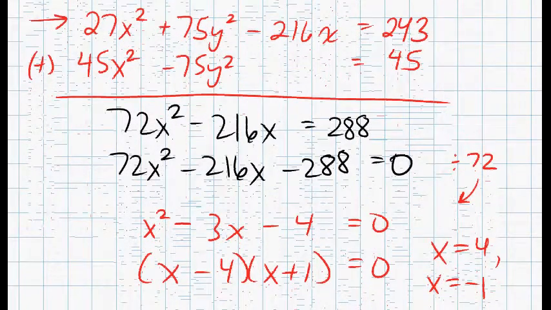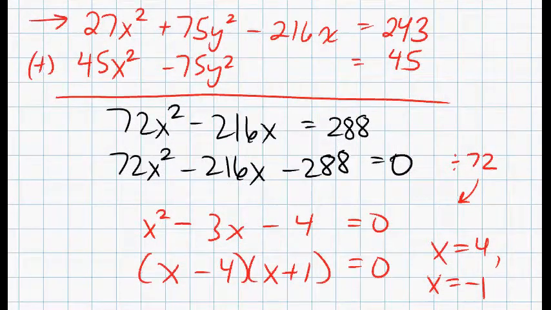Again, pause as you need to. When you get to the quadratic, all three terms are divisible by 72, which makes it very easy to factor. And you get that x is 1 and x is 4 and also negative 1. After you find both x values, you have to plug them into one of the two equations. I would pick the bottom one, there's less things to plug into.